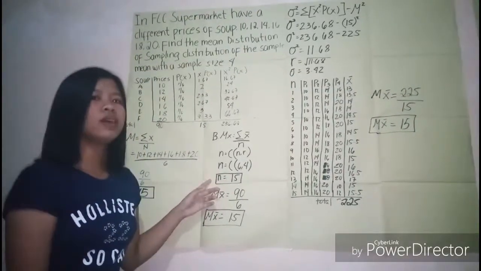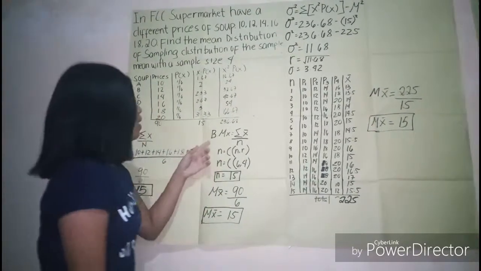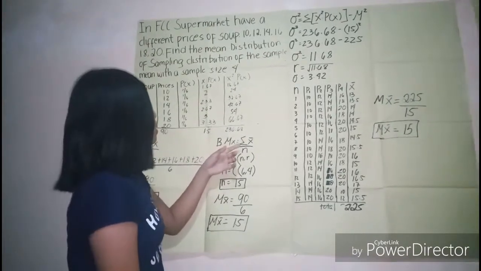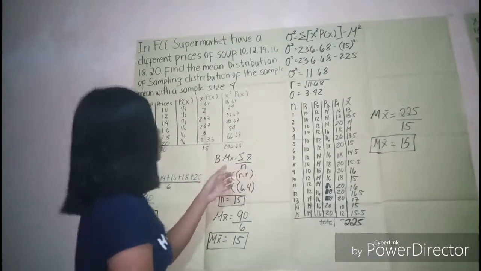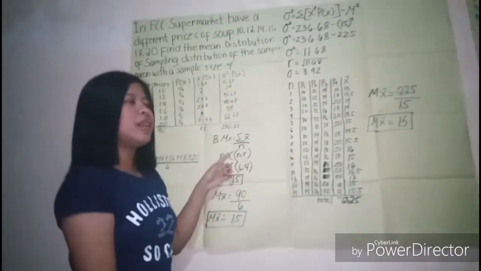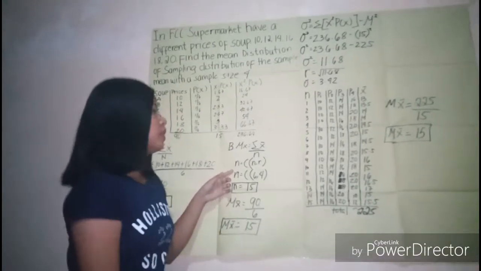Then the second one we will get is the mean of the sample. The formula is mean equals summation of X bar divided by the number of samples. So how do we get the sampling distribution?